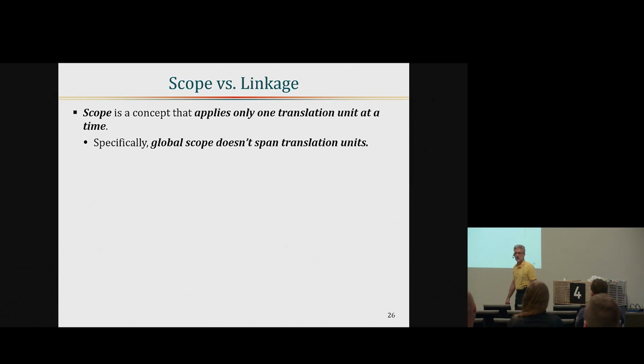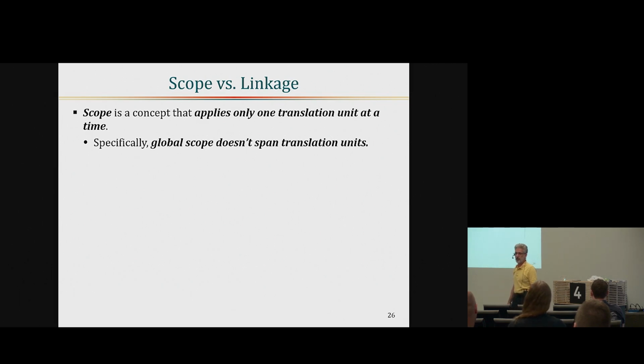Okay, now here's a biggie. This is one of the key points of this talk. Everything else was leading up to this: the concept of scope applies only to a single translation unit, one translation unit at a time. There is no such thing as global scope which somehow escapes a translation unit into the program at large.